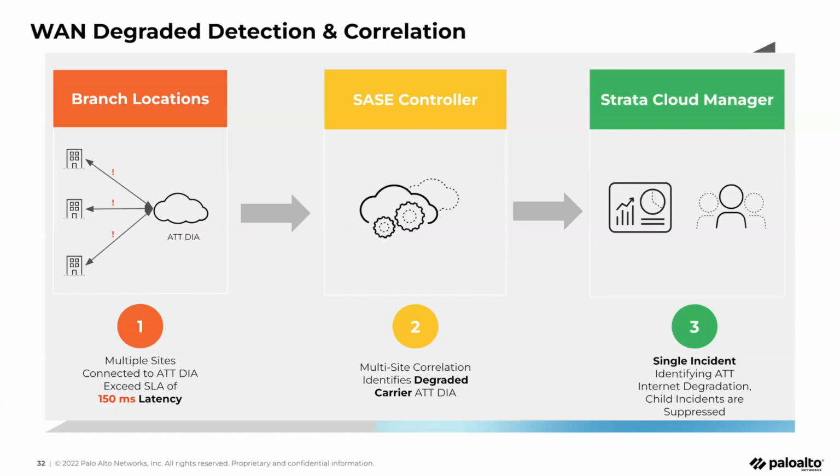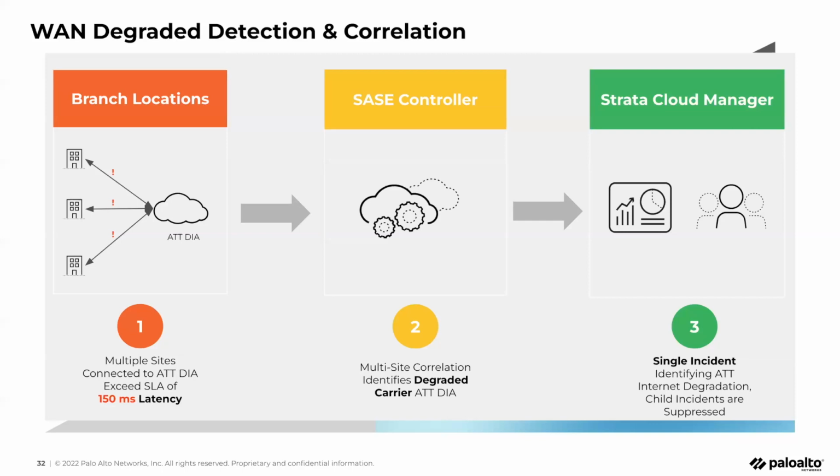So in that case, each branch site will generate its own individual incident that all gets sent to the cloud controller. And the cloud controller in real time says, okay, looks like I've got 100 different sites with this carrier, in this case AT&T Direct Internet, violating the SLA of 150 milliseconds of latency. So the controller, on the fly, says, okay, I'm going to consolidate all these incidents.